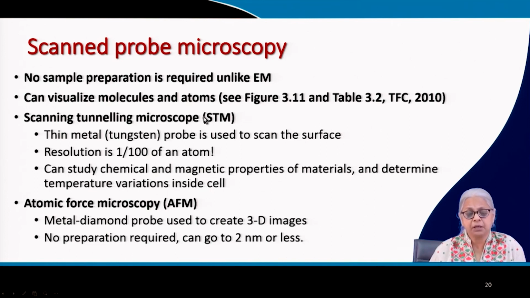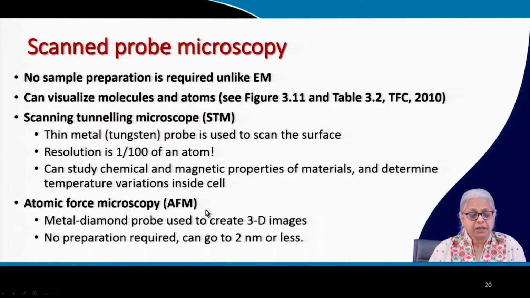In scanning tunneling microscopes, you have a thin metal, it may be tungsten, that is used to scan the surface. The resolution that they are claiming is 1/100th of an atom. So 1/100th of an angstrom is what is possible with scanning tunneling microscopes. This can allow you to study chemical and magnetic properties of materials as well as temperature variations within the cell.